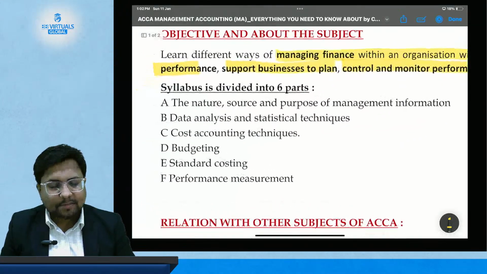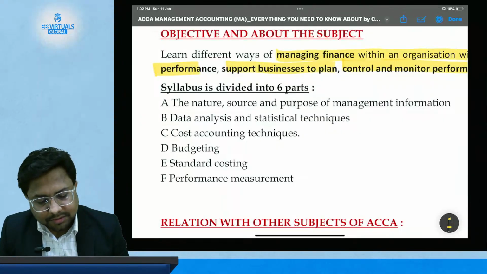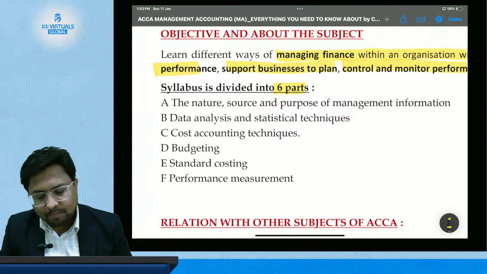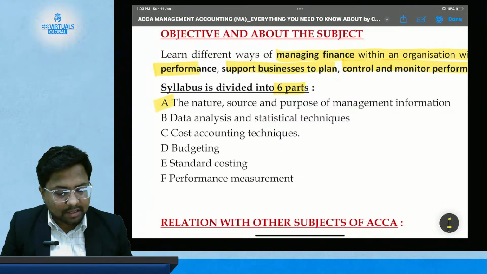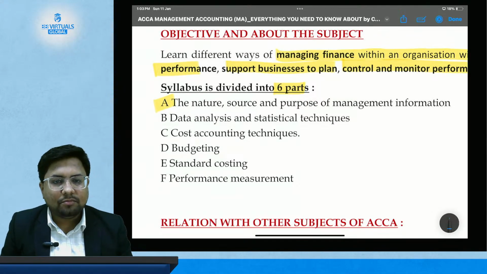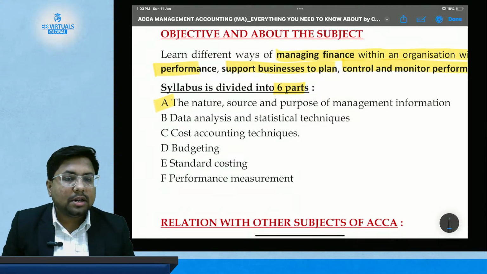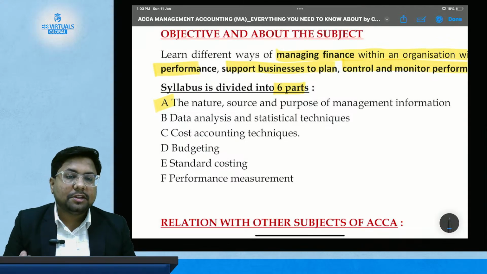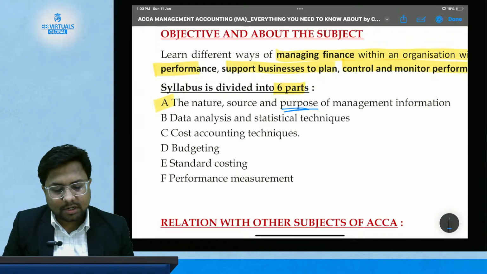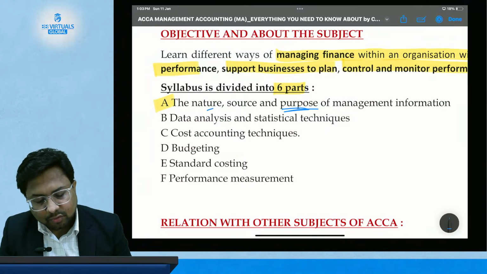Now, the syllabus of this subject is divided into 6 parts. Part A is the nature, source and purpose of management information. In part A, we will understand why we need management information and management accounting, what the purpose of this information is, and what the nature and sources of the information are.